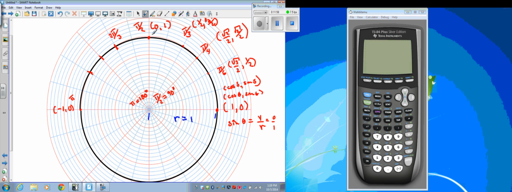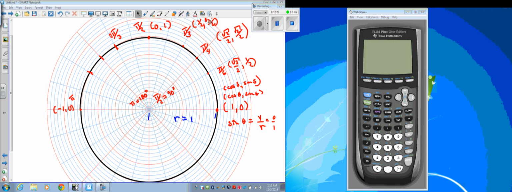That's the arc length. It has a central angle of 2 pi over 3 radians, which is the same in degrees as the central angle of what? 60, 120, right? So whatever your sine and cosine is for 120 degrees, it's going to be that.